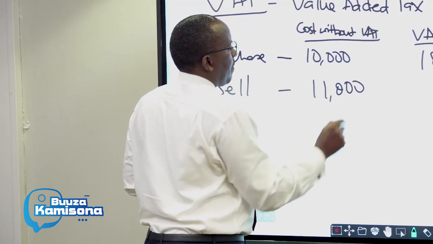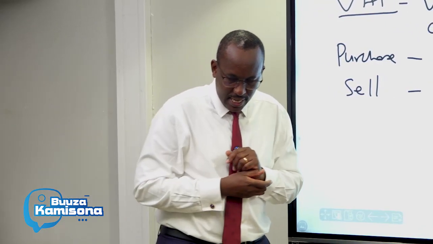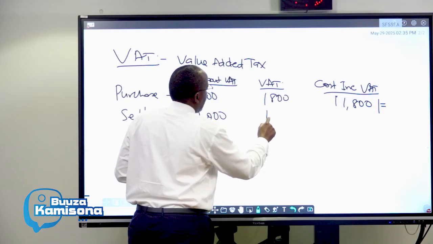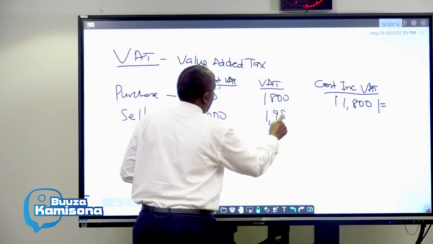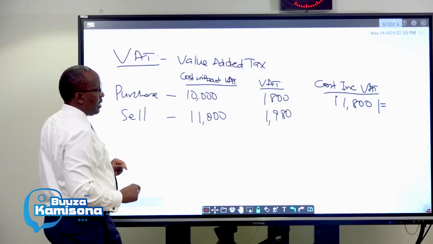Okay? So, 18% of 11,000 is going to be the VAT at this level. And this will be 1,980. This is 18% of 11,000.